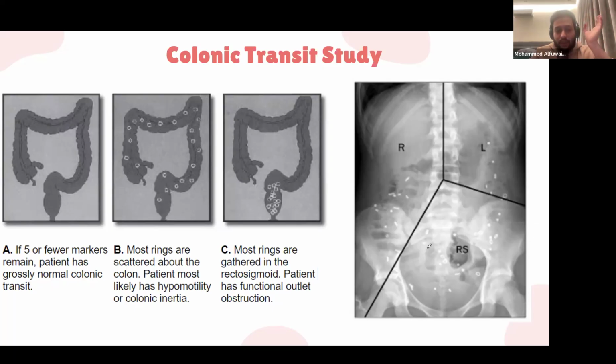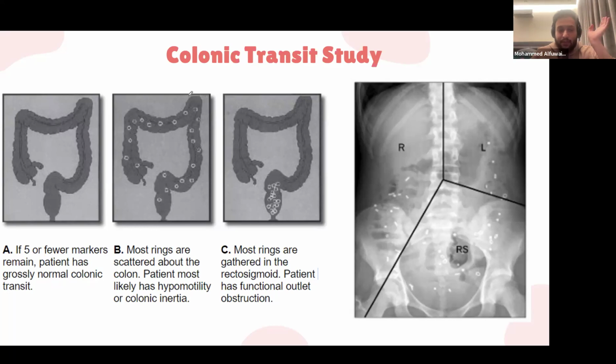There is a cutoff number of rings remaining in the bowel to tell you that this is constipation. The cutoff percentage is 20%. If greater than 20% of the rings are still present, this is diagnostic for constipation, and this is at day 5.